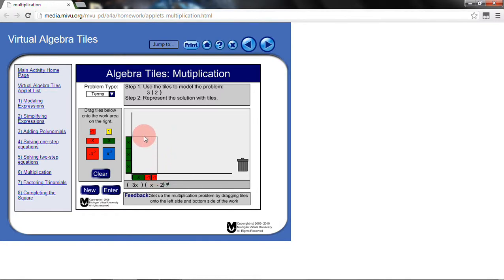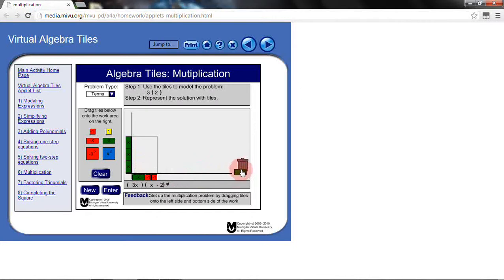So it shows you the size of the rectangle that you're going to make using your algebra blocks. And so what I do here is x times x, so that's going to be x squared. And notice, both my sides match here. What you wouldn't want to do is x and x, and that's incorrect because your sides don't match.